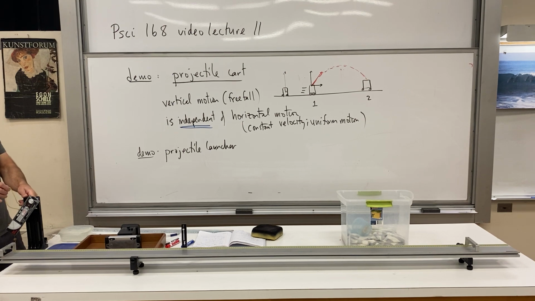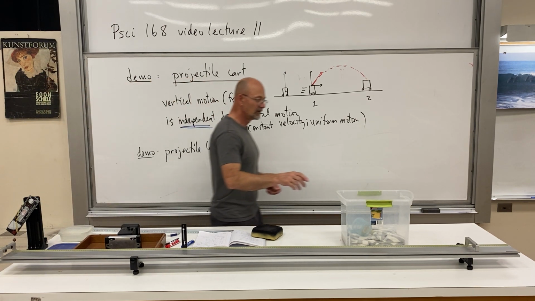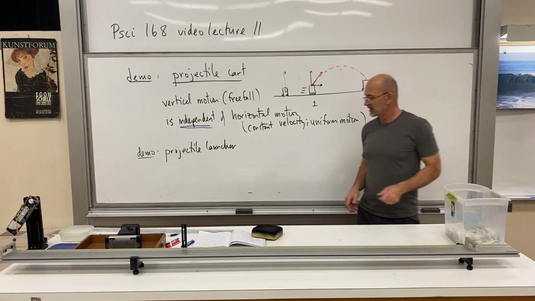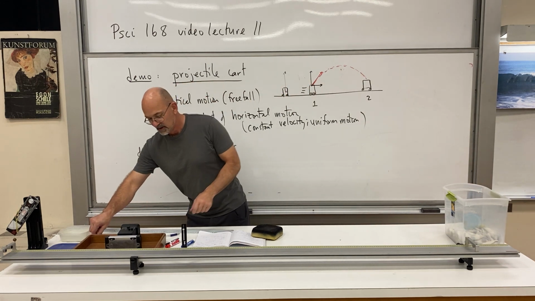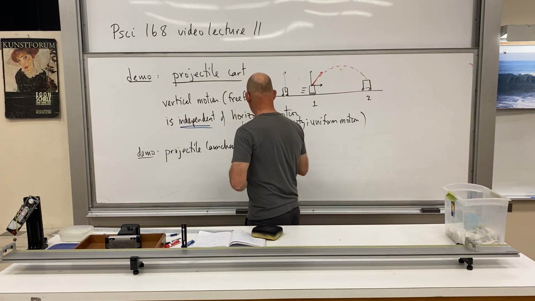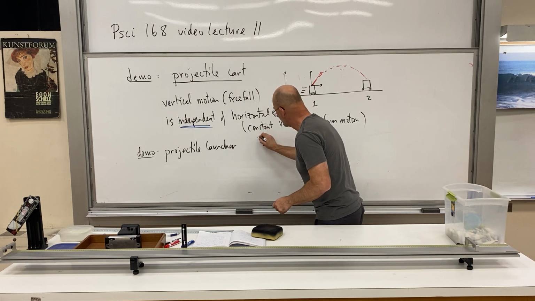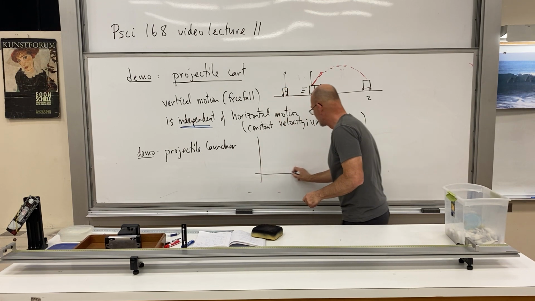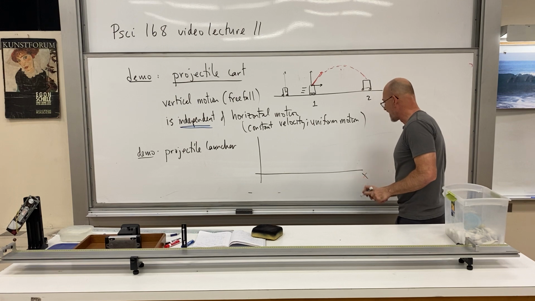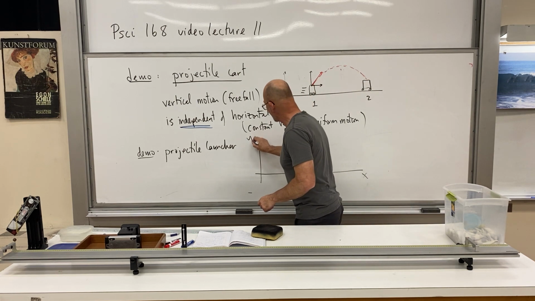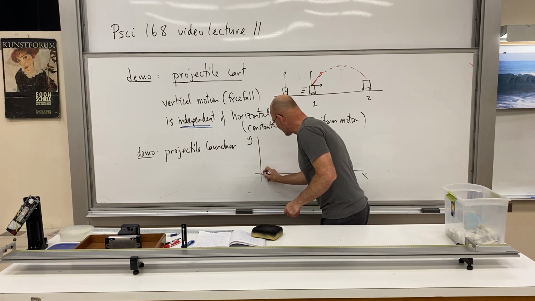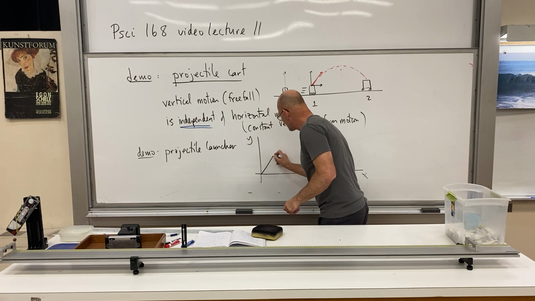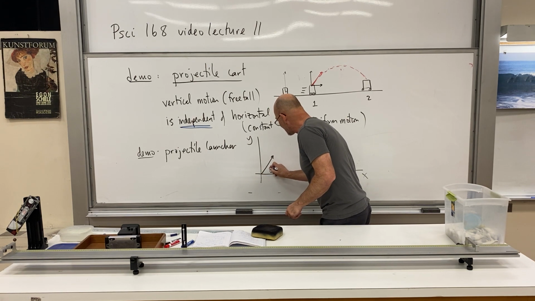Okay, so I'll draw a little picture of what we had here as well. Okay, so for our projectile launcher, we have X and Y if you want. We have an initial angle, theta.